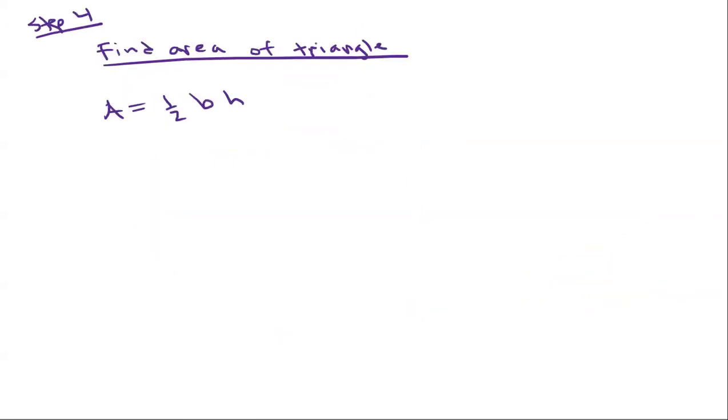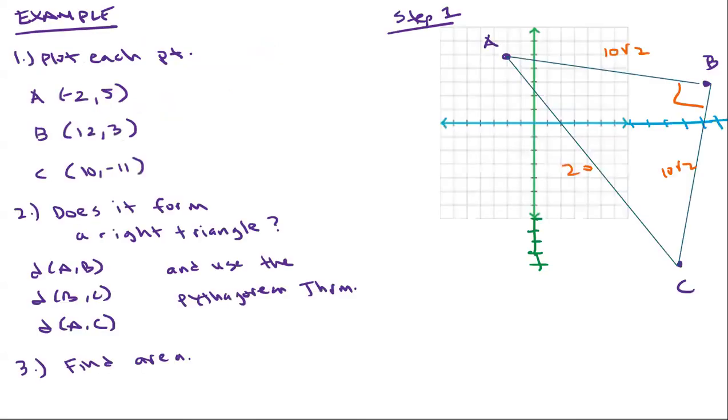The area of the triangle is A equals 1/2 times base times height. So what do we do here? Well, let's go back to our graph. When we find the area of the triangle, what we want for the base and the height are the numbers that are attached to that right angle.